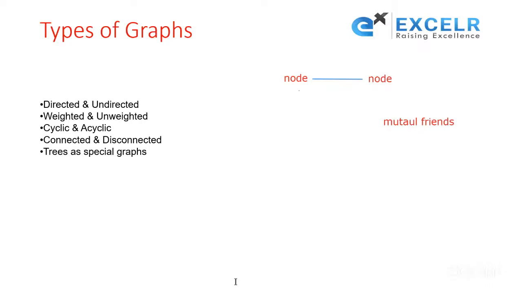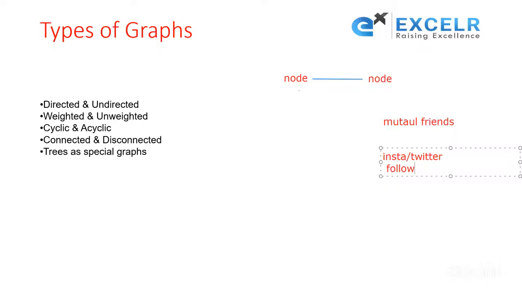Now I am just telling it more technically. On Insta or Twitter, the friendship is not undirected, it is directed, because here is the concept of follow. When you are following your friend, the relationship, or the edge, is directed from your end to him.